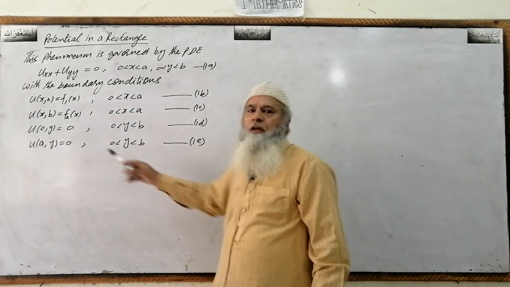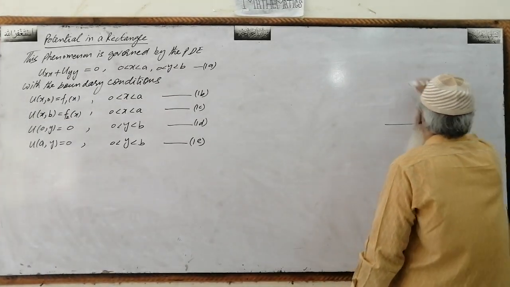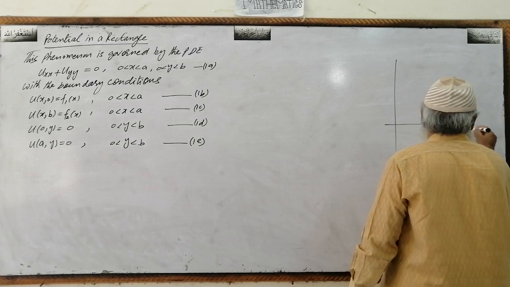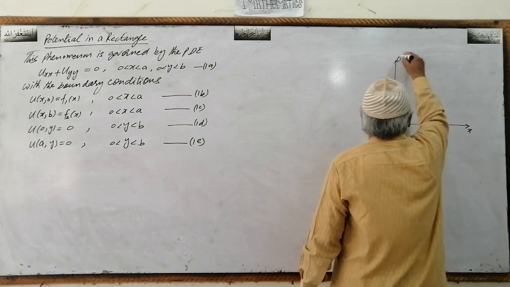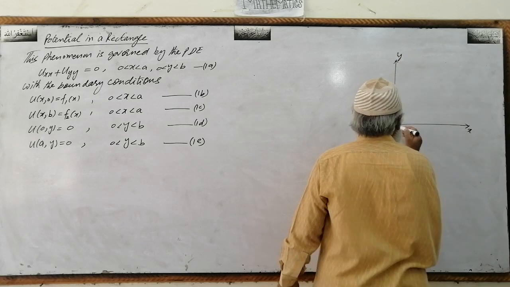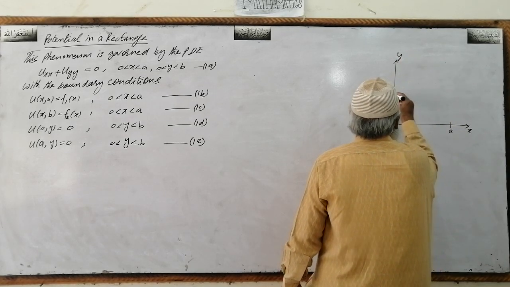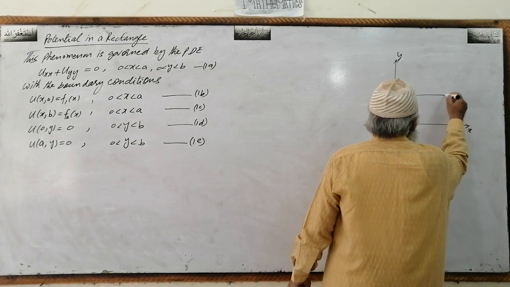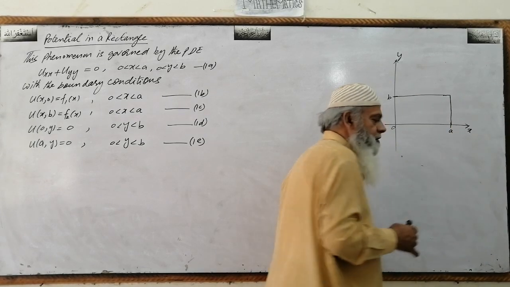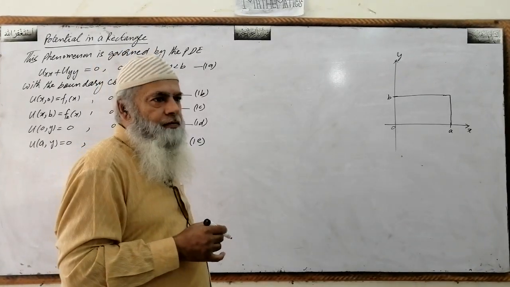Now why do we say potential in a rectangle? Look at the diagram, x-axis and y-axis. What we are saying here is x varies from 0 to a and y varies from 0 to b, and the shape formed is a rectangle.